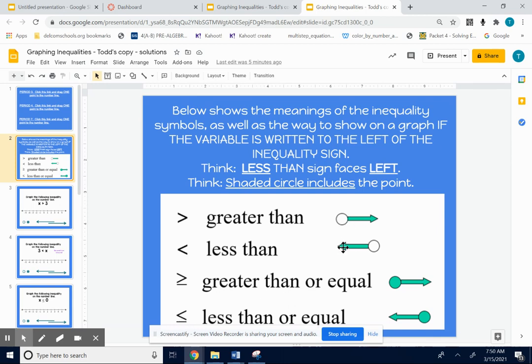This is just a picture of what it would look like. These pictures are only going to work if x is first, like if it says x is greater than a number. If x isn't first, you can't go by the pictures, and we'll look at an example of that in a second.